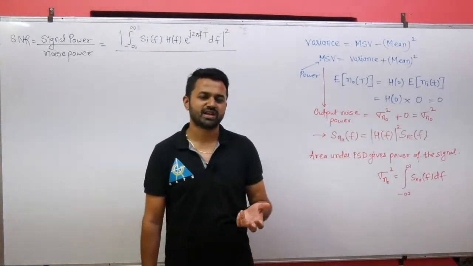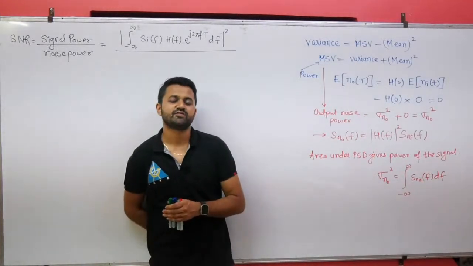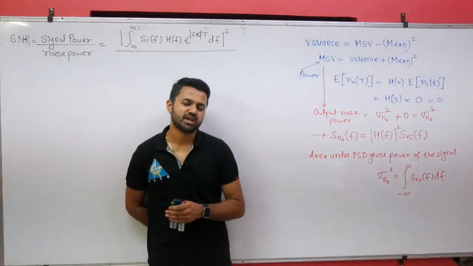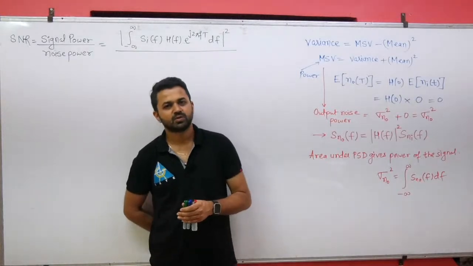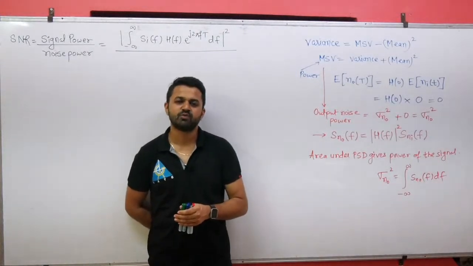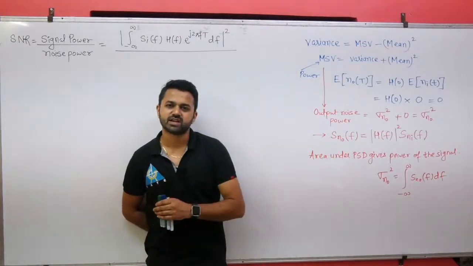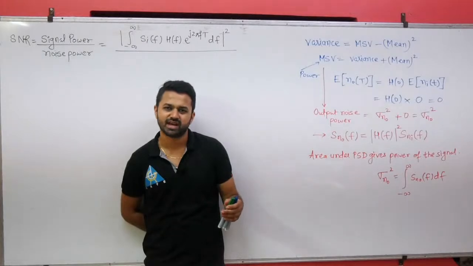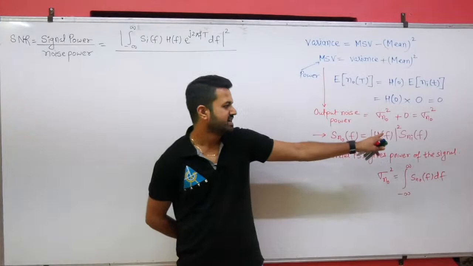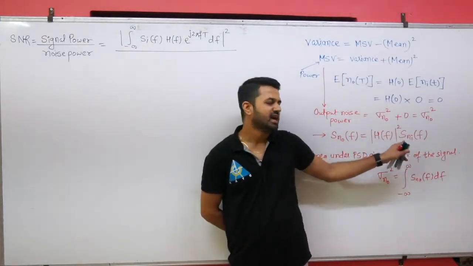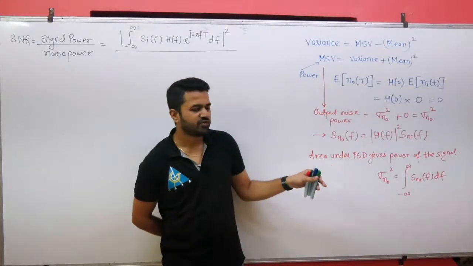And how to calculate this power? In case of noise analysis, we can calculate the power only using the power spectral density. Power spectral density at the output of the matched filter can be calculated by S_no(f) equal to |H(f)|² S_ni(f), where this is the output power spectral density, this is the input power spectral density, and H(f) is the transfer function of the matched filter.